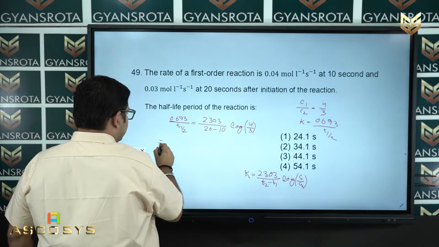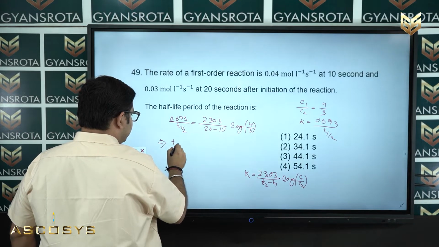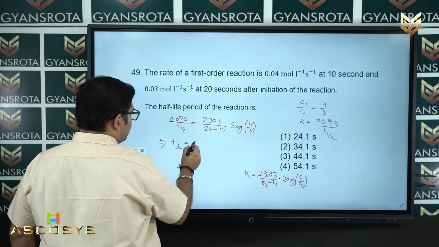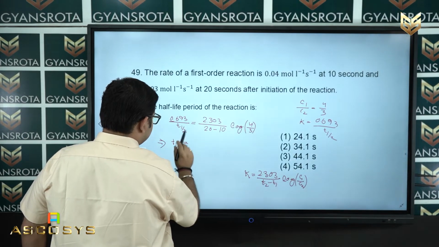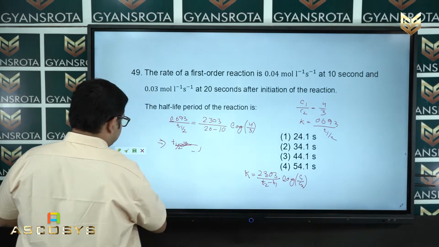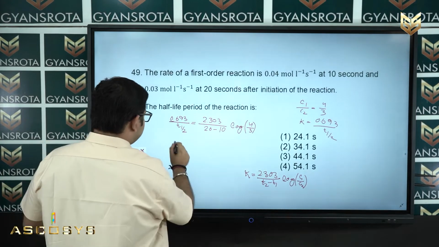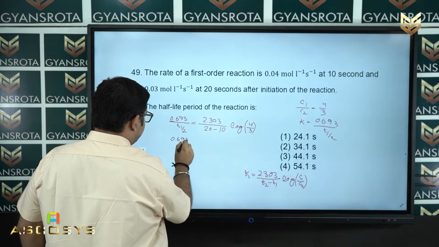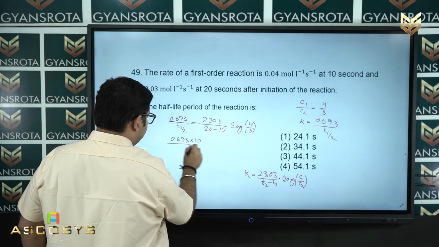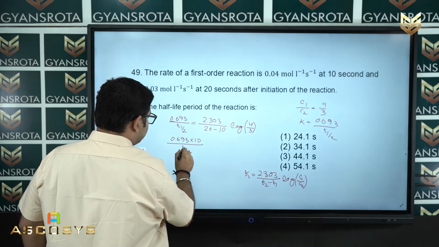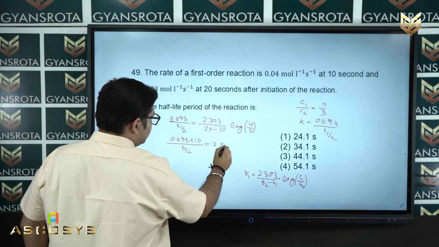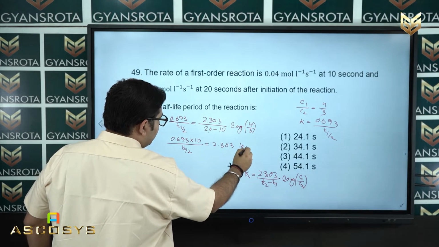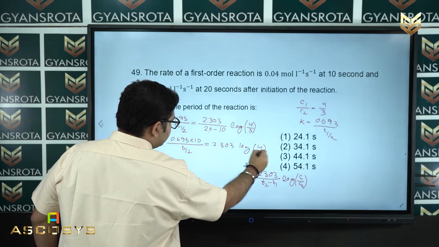Now, keep this T half on this side, and if you do the cross multiplication, it will come like 0.693 into 10 by T half is 10, it is coming from this side, 2.303 log of 4 by 3.